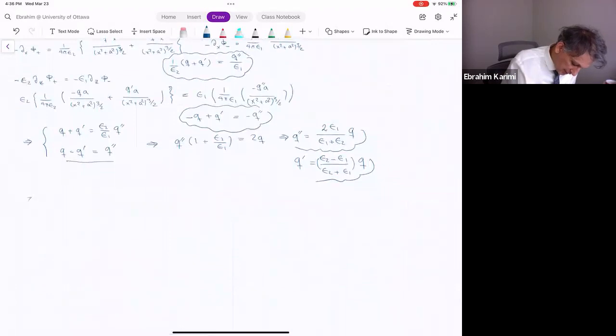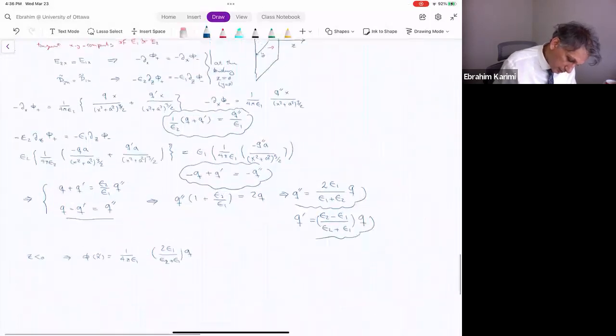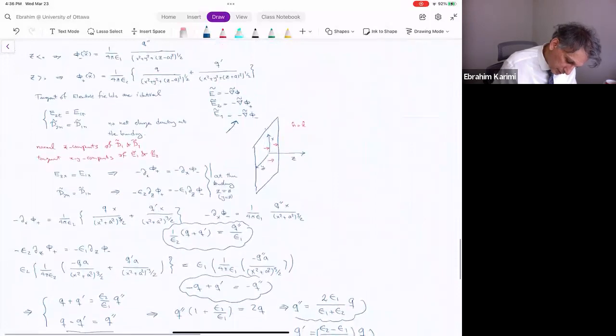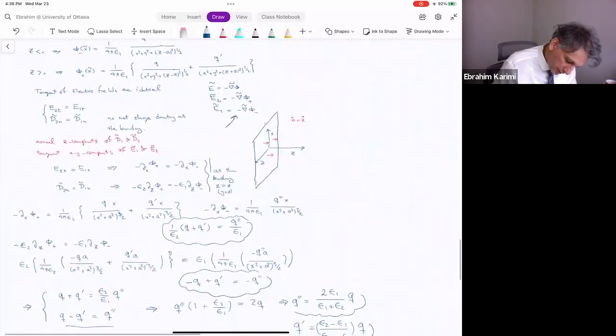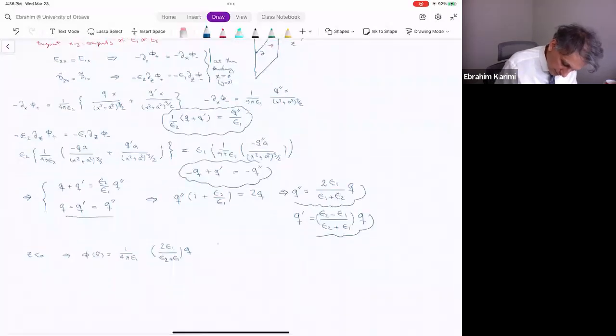For z negative, the potential will be 1 divided by 4 pi epsilon 1. Then I have q second, which will be 2 epsilon 1 divided by epsilon 2 plus epsilon 1 of q. Then we had 1 divided by x squared plus y squared.